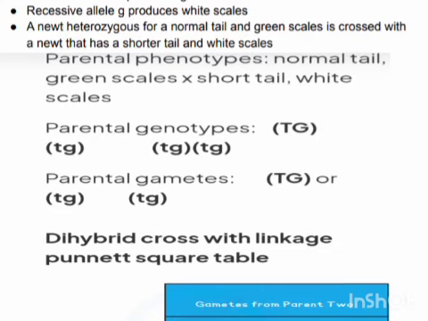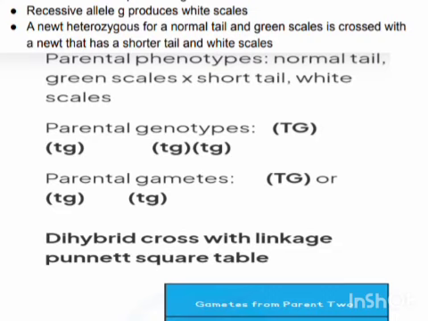So we're crossing them. A newt heterozygous for a normal tail and green scales is crossed with a newt that has a shorter tail and a white scale, right? Because we were talking about heterozygous, one we took dominant alleles and one we took recessive alleles, and we've put them together in brackets because they're displaying autosomal linkage.